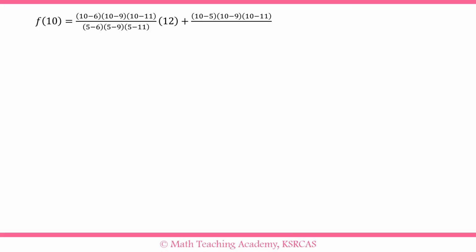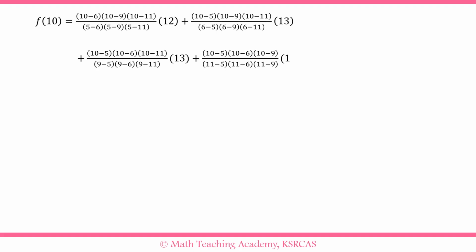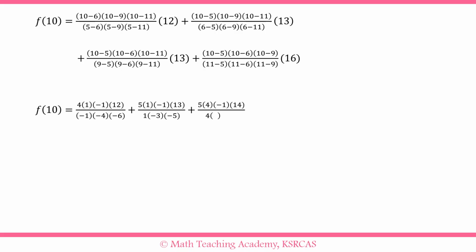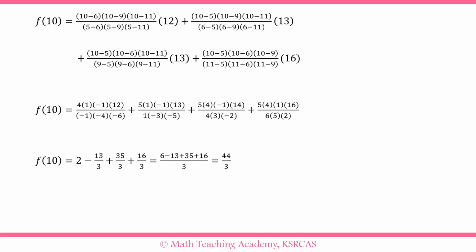Now we substitute x equal to 10. So f of 10 equal to, substituting x equal to 10 in the above Lagrange's formula, after simplifying, we get f of 10 equal to 2 minus 13 by 3 plus 35 by 3 plus 16 by 3.